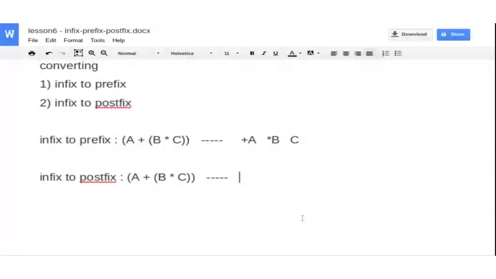What we need is to identify the right bracket for that particular operator. So again, starting with B plus C here, we can first write the operands first. It will be easier for us to see clearly what is there.